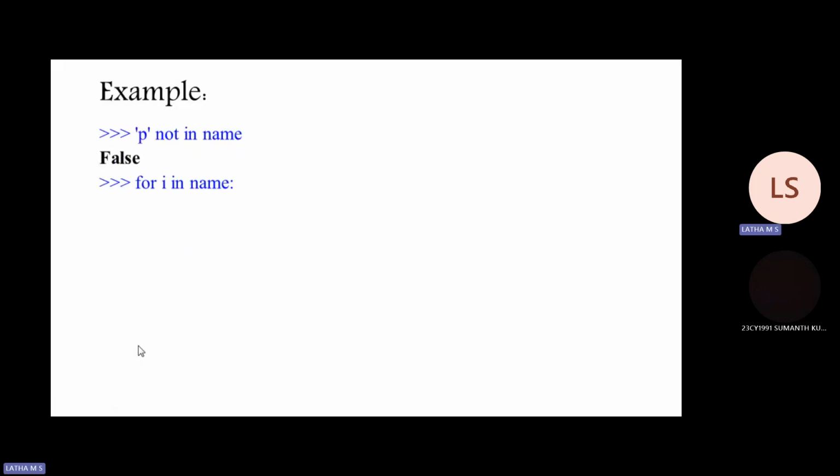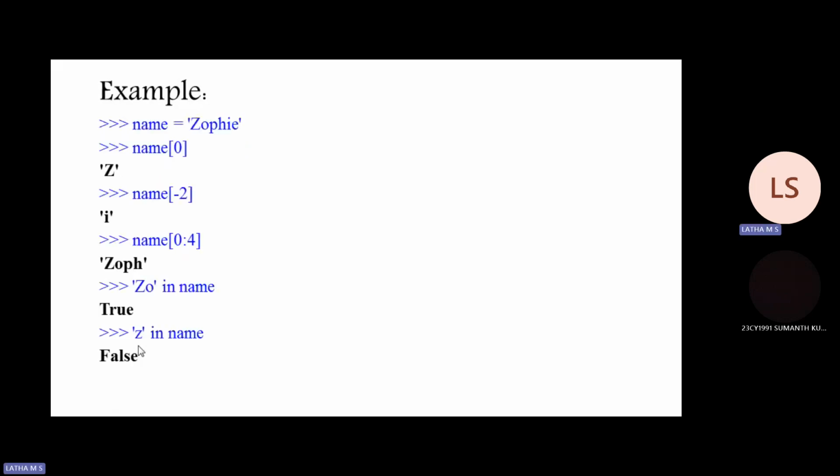True or false? You see the string. P is existing. Yes, it is existing in the string. So if I say P not in name, it means it's a false statement, whereas it is actually existing.